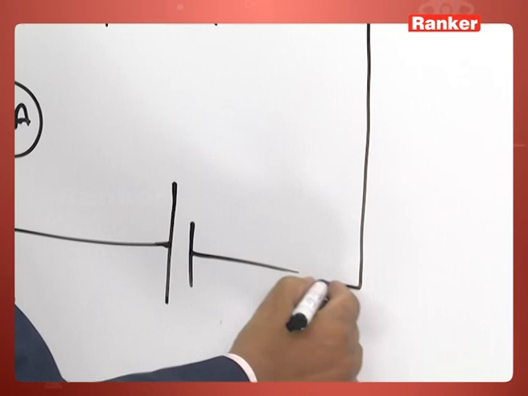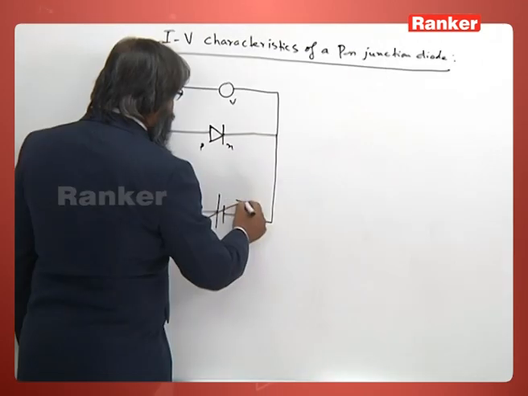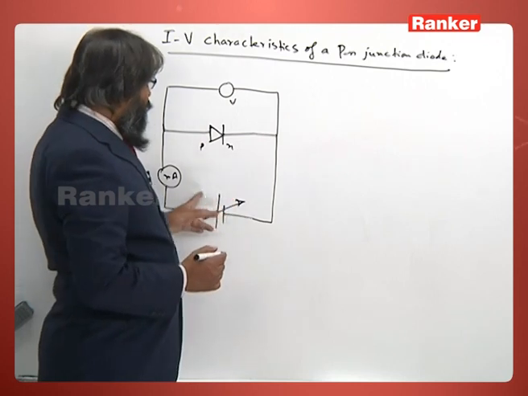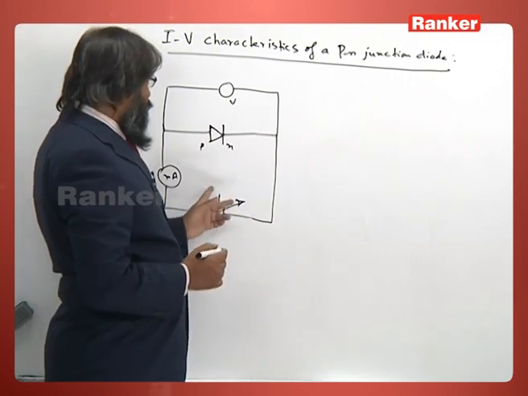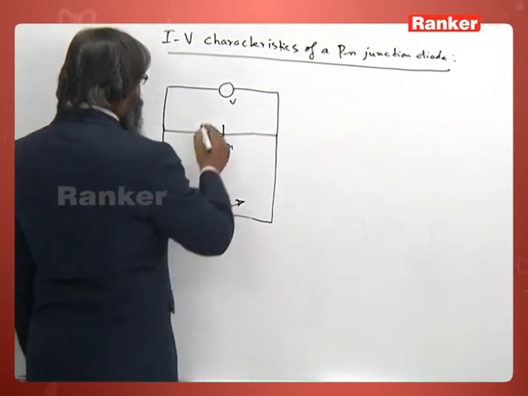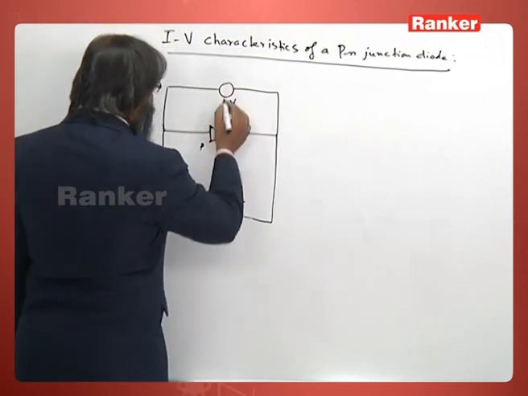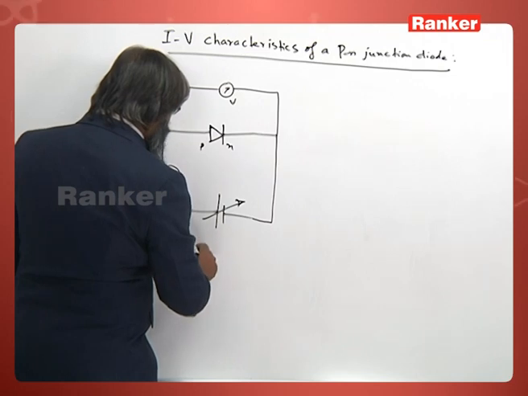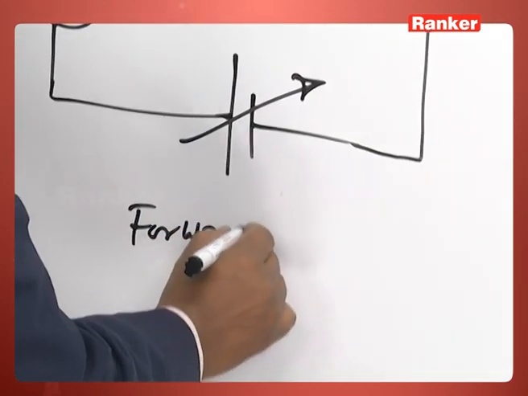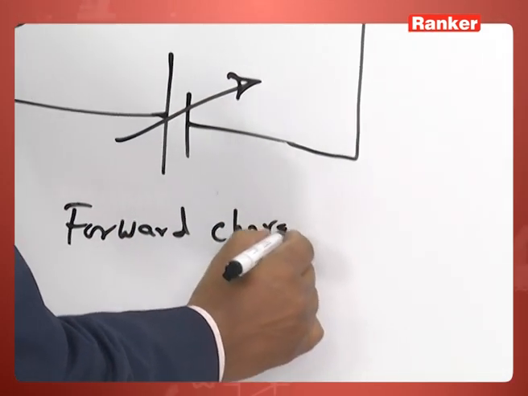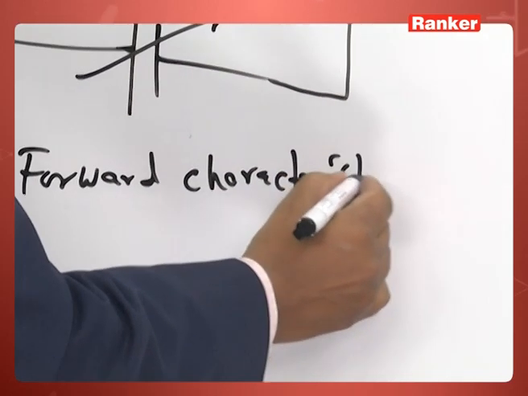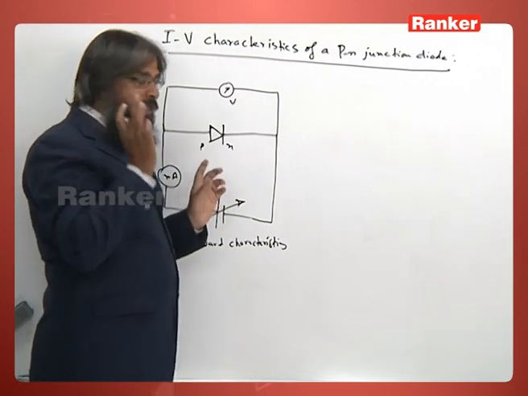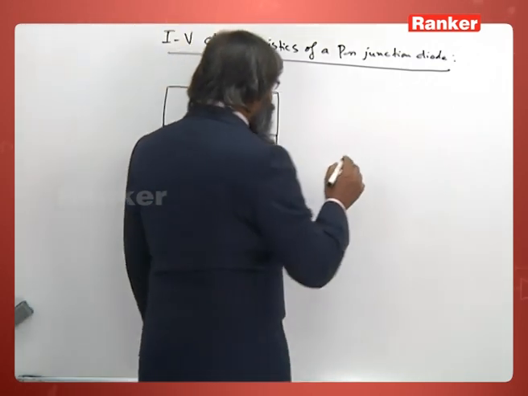And you see we have connected a potentiometer or rheostat to vary this voltage. This is the voltmeter, and this arrangement is for forward bias. So to study forward characteristics, we use this type of circuit.